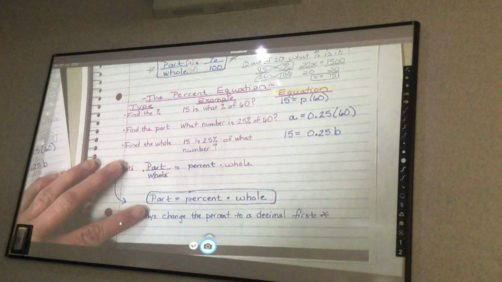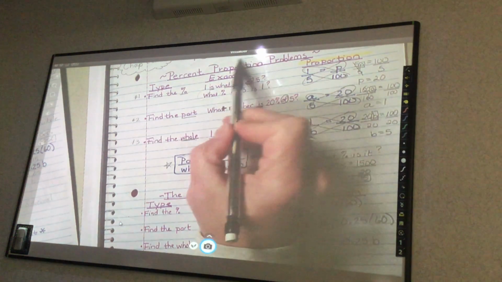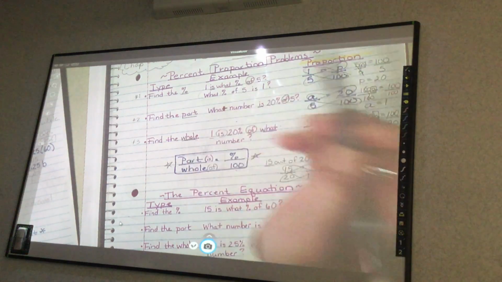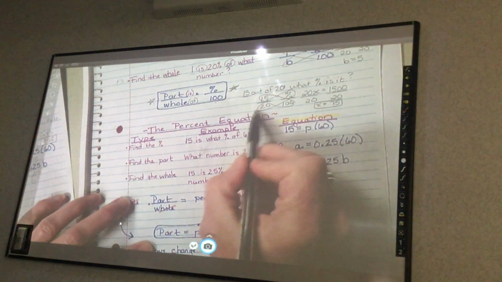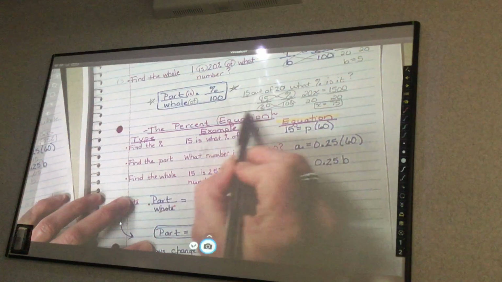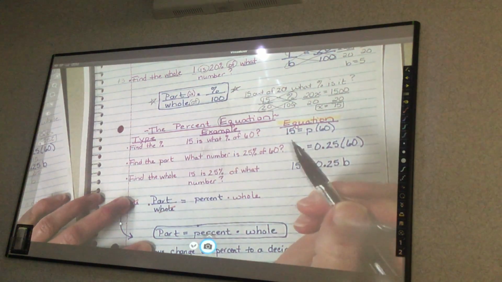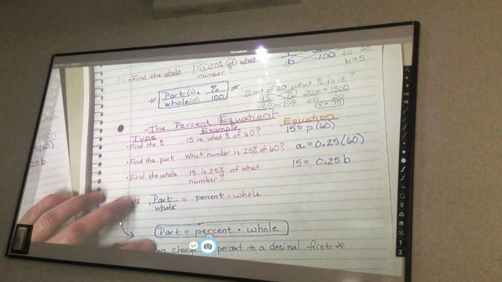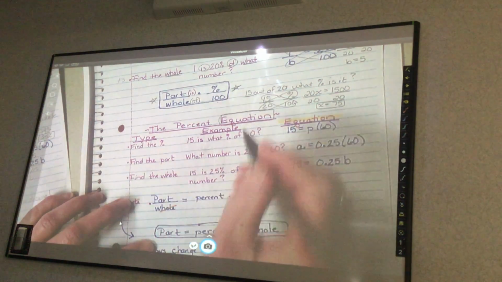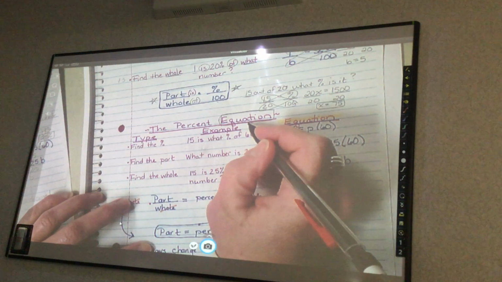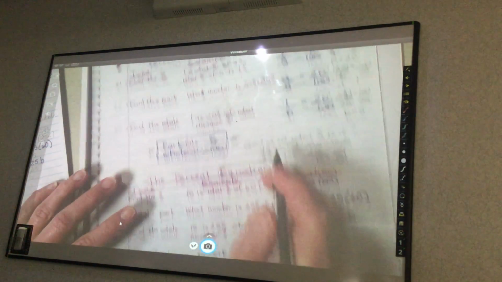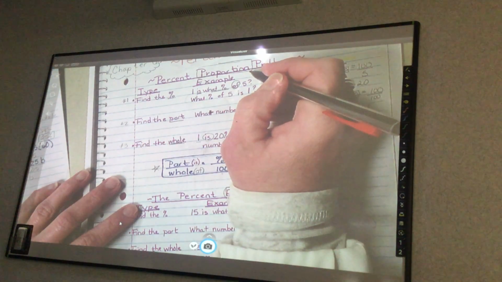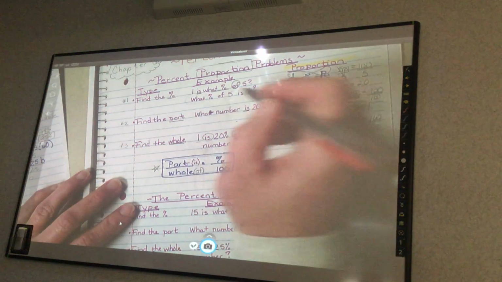In this chapter, you're going to have something where you have to use the proportion, and then sometimes you're going to have to use the equation. After those lessons, I don't care which way you choose to do it, as long as you use one of the formulas. I personally like using the equation a lot, but sometimes I'd rather use the proportion. I like to use the proportion model when I don't know the whole.